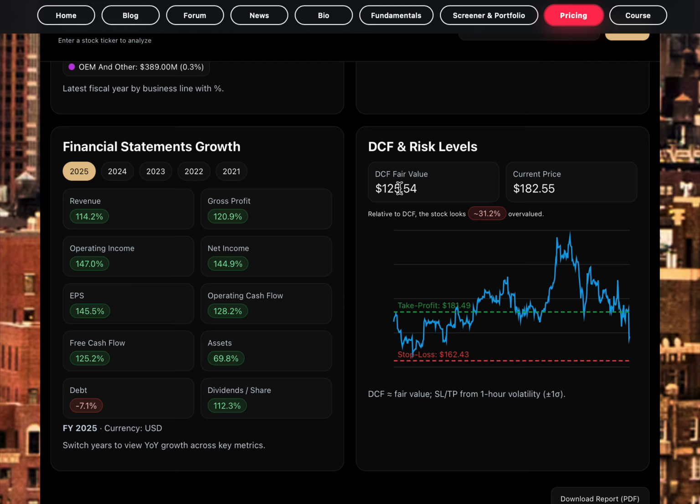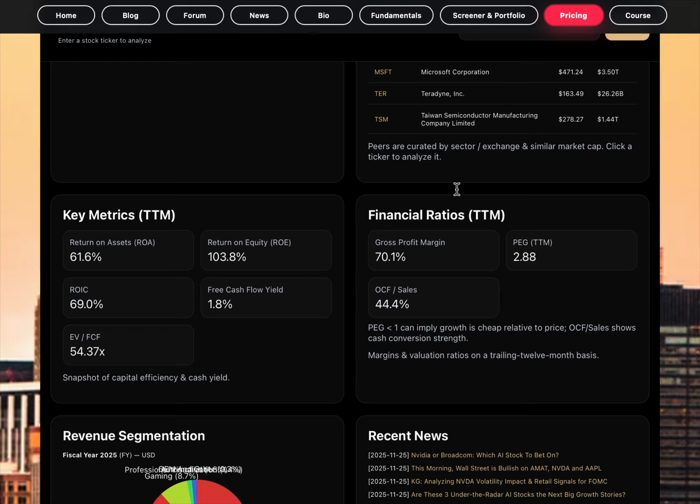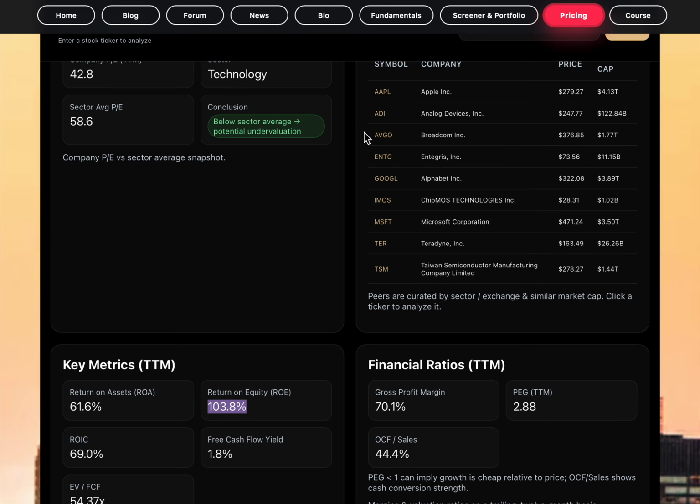So you see the DCF fair value is 125 based on DCF, and the current price is 182, means that the stock is overvalued at the moment. It's trading about 30% higher than it should be based on the DCF valuation, but still the company looks very strong fundamentally. See this amazing return on assets, high return on equity, 103, much higher than the closest peers.